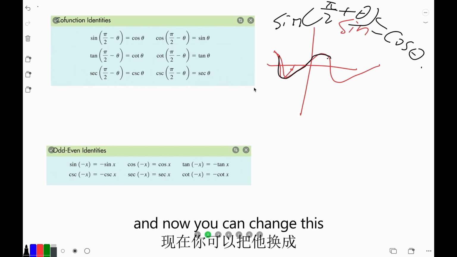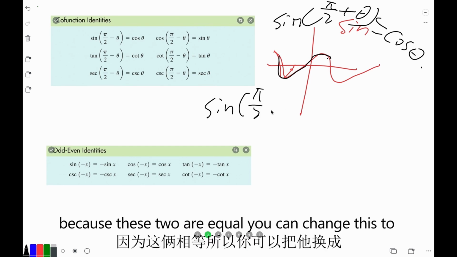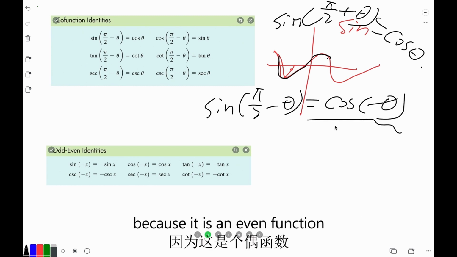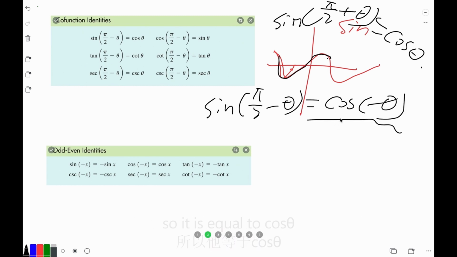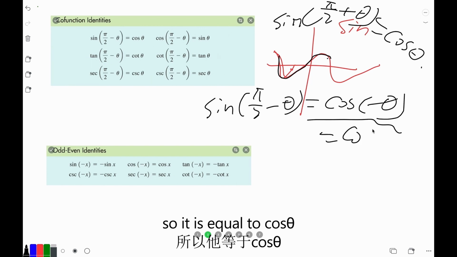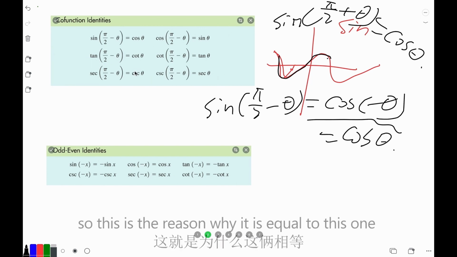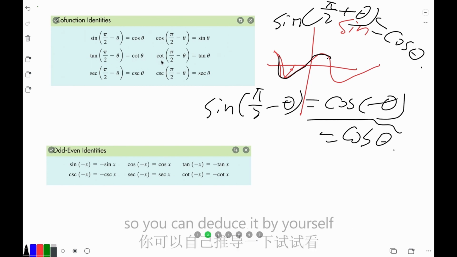Now, for pi over 2 minus theta, you can change it to cosine of minus theta, because cosine is an even function, so it equals cosine theta. So this is the reason why it's this one, and you can deduce it by yourself.